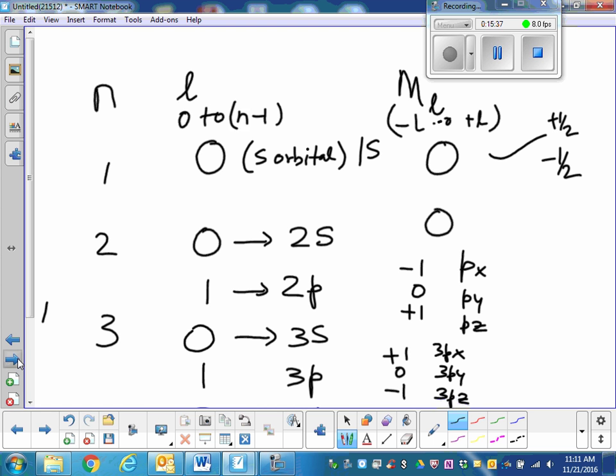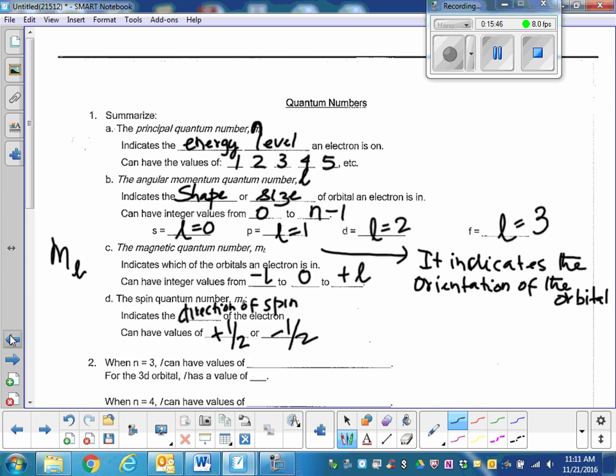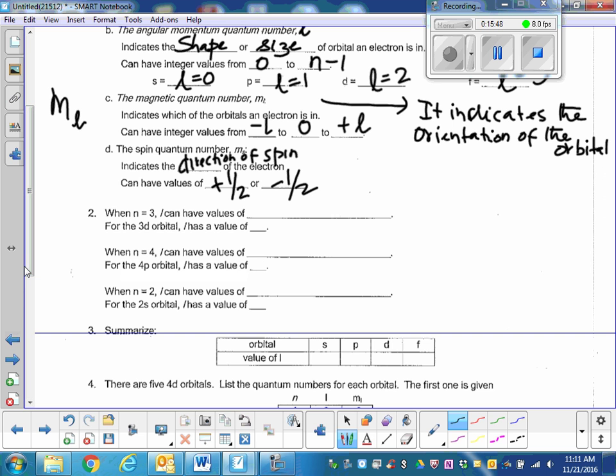Now, we're going to assign quantum numbers for different electrons in different orbitals. When n equals 3, what are the values L can have? L varies from 0 to n minus 1.